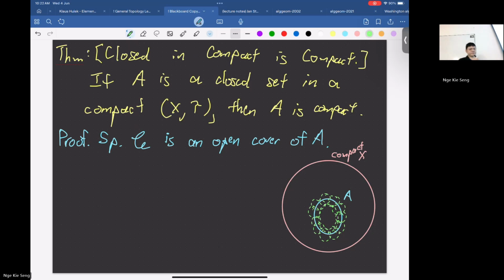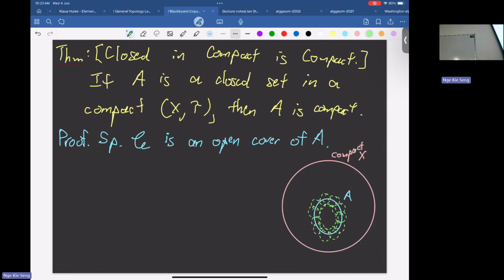So you want a finite subcover, right? But who do you know that has a finite subcover now? The topological space itself. X itself has a finite subcover.